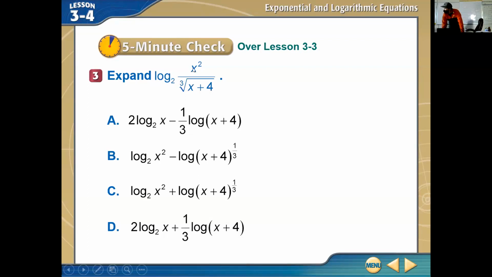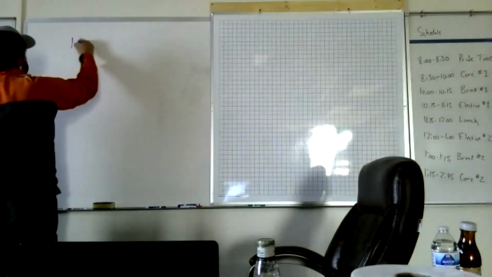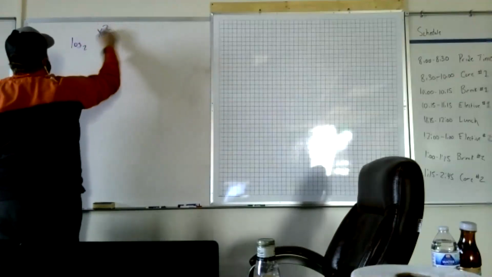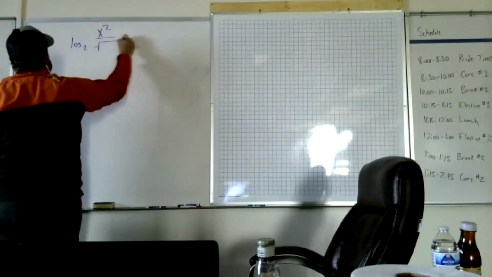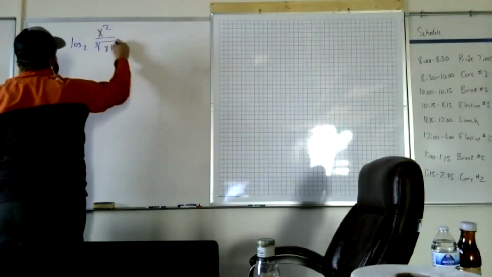That has to stay. We can make a pretty good assumption at what we're going to get, but it's easier if you just work through it. So log base 2 of x squared over the cube root of x plus 4.